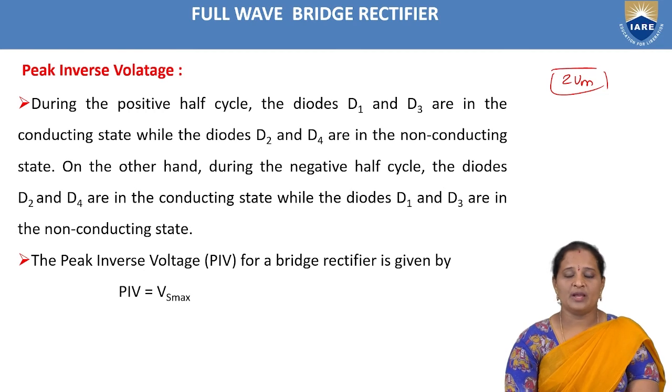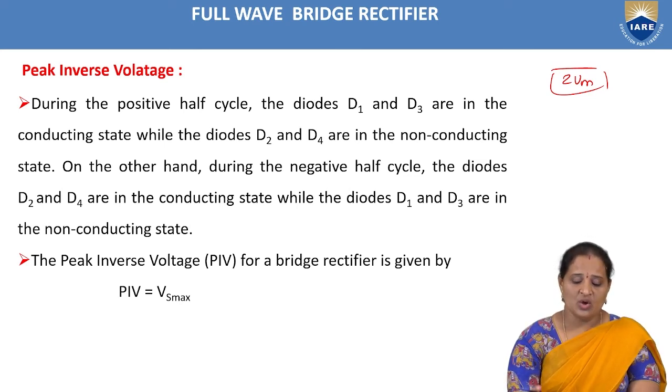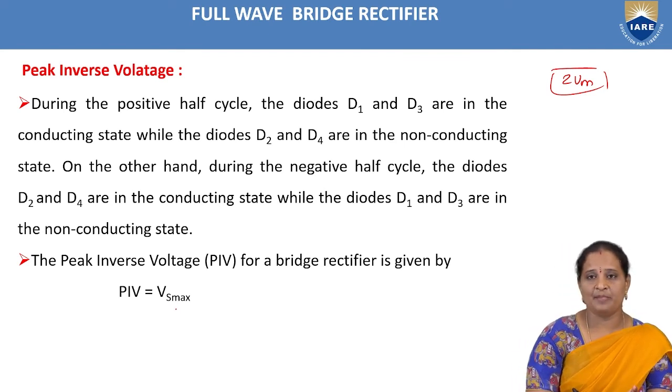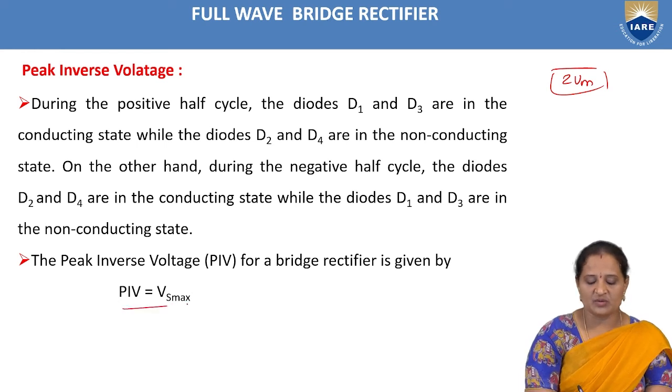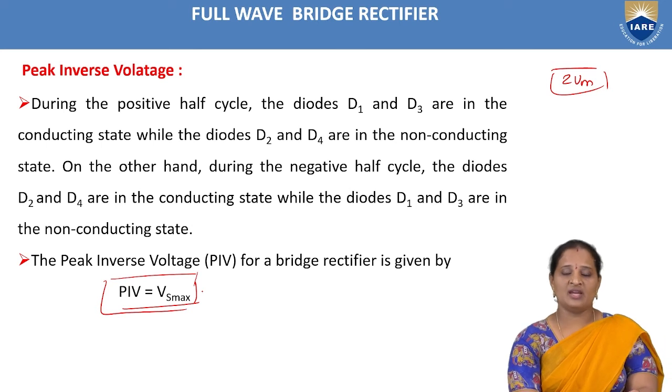As you all know, the peak inverse voltage is the maximum reverse voltage that a diode can withstand without any damage. So the diode can withstand a maximum voltage of Vm in case of the bridge rectifier, and hence the peak inverse voltage of a diode in the bridge rectifier is Vm.